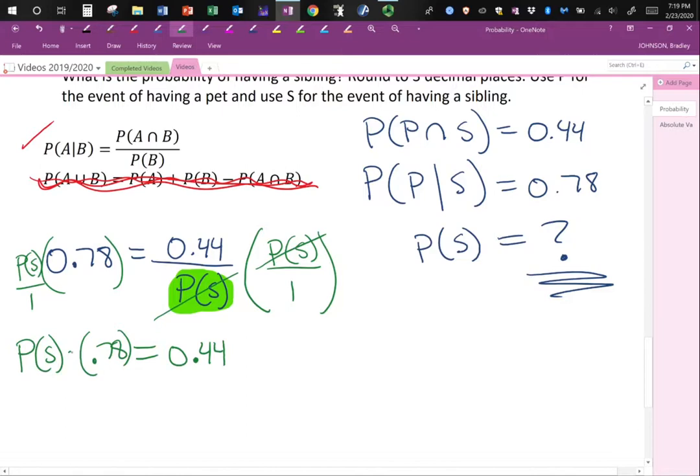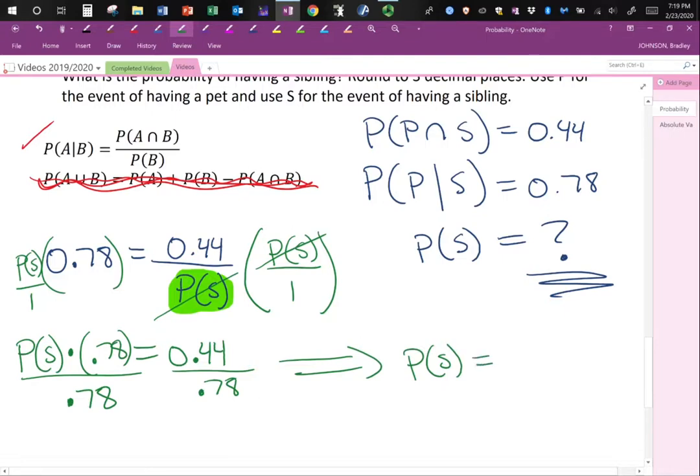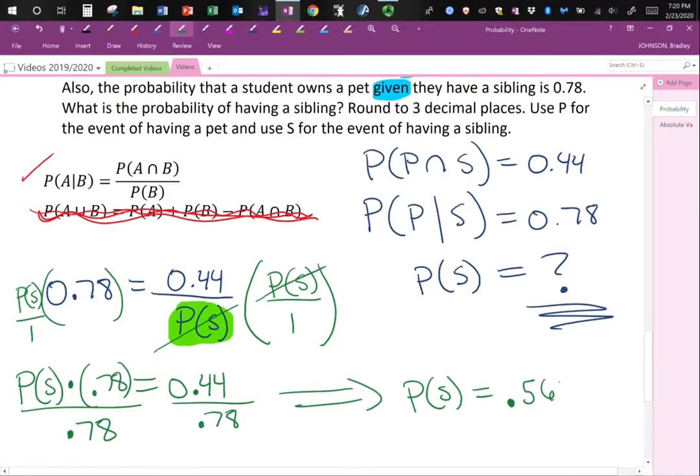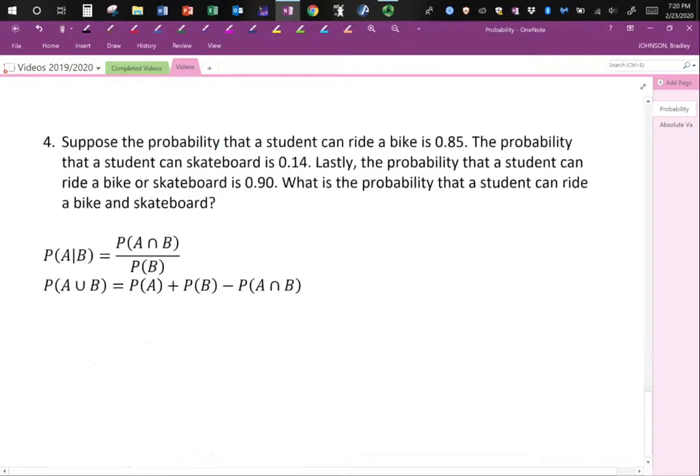So we're multiplying both of these values, but we just don't know one of the values. So to get probability of S equal to some value, we would have to divide away the 0.78, because right now it's multiplication. We need to divide to get rid of the multiplication. So we will simplify and get 0.44 divided by 0.78. This will give you 0.564 if you round.